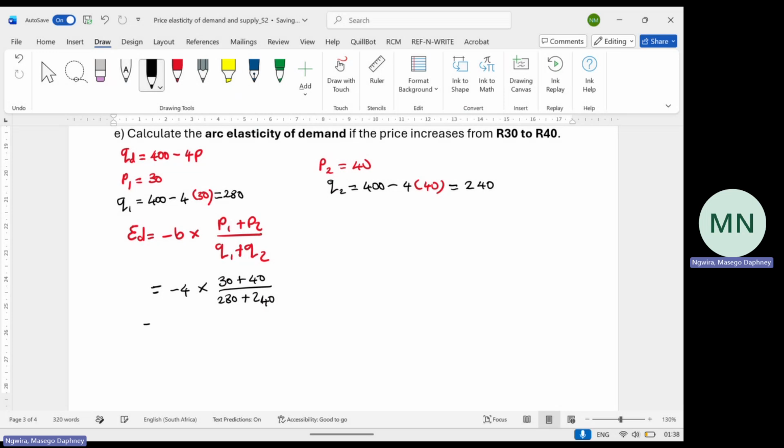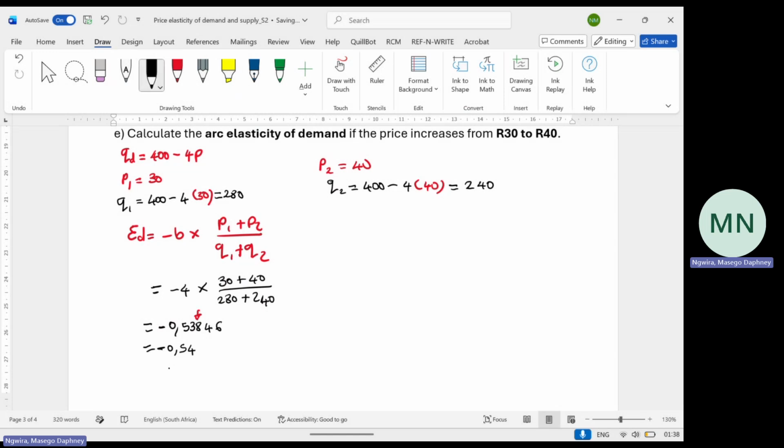When you use the calculator, the final answer is going to be negative 0.53846. Then we round it off to 2 decimal places. When you round it off to 2 decimal places, you look at the third decimal number, which is more than 5, so you're going to add 1. So this will be negative 0.54.